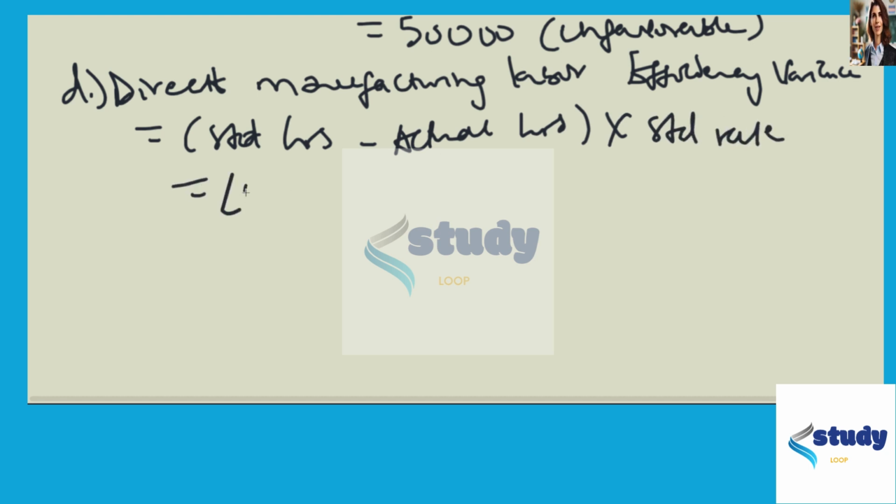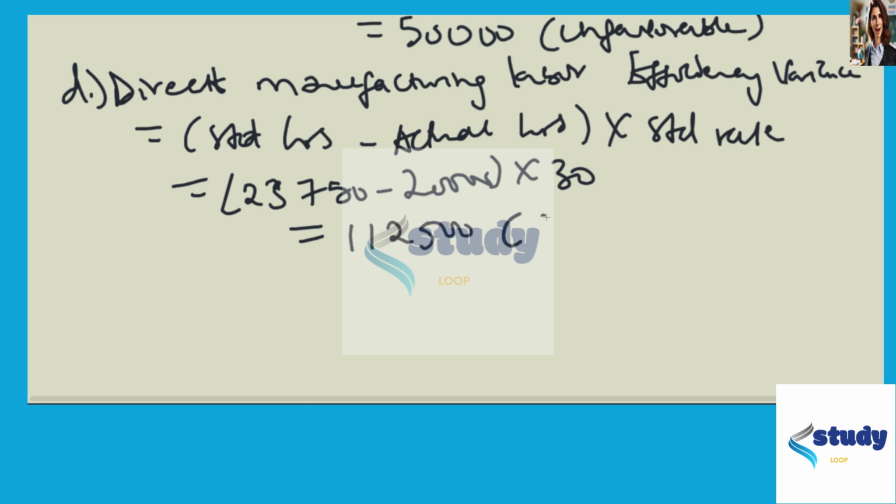So this is equal to 23,750 minus 20,000, multiplied by 30. And the direct manufacturing labor efficiency variance is equal to 112,500, and it is favorable.